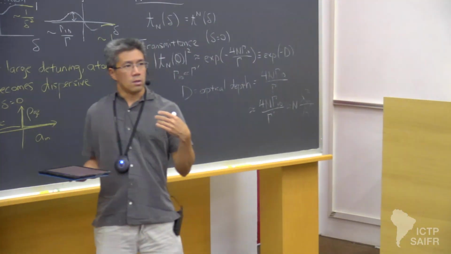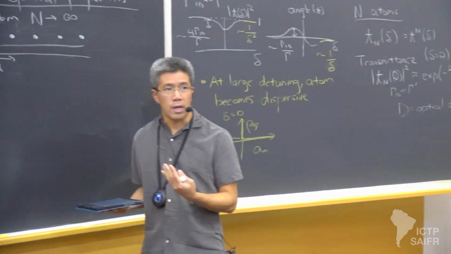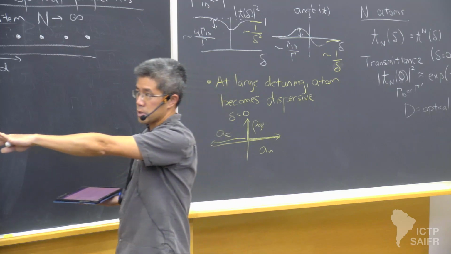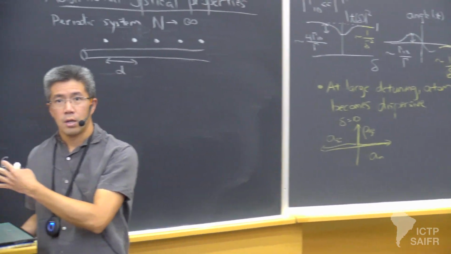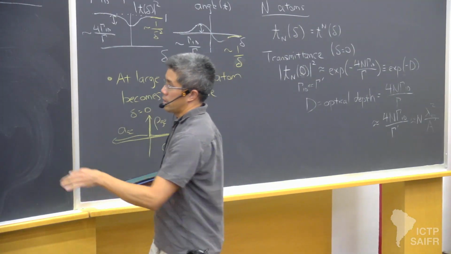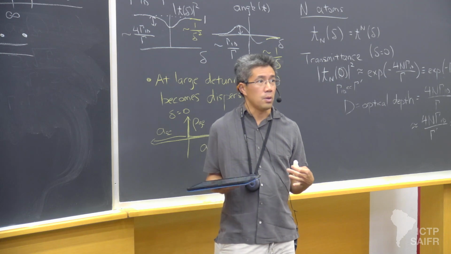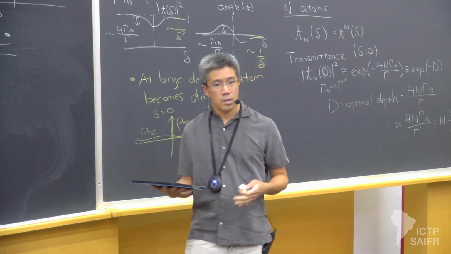And the physical propagation problem is no harder to solve with n atoms than with one, because I just have to take my transmission coefficient and exponentiate it to the nth power. But the nice conceptual thing about putting atoms on a lattice is that now I can define a Bloch band structure.